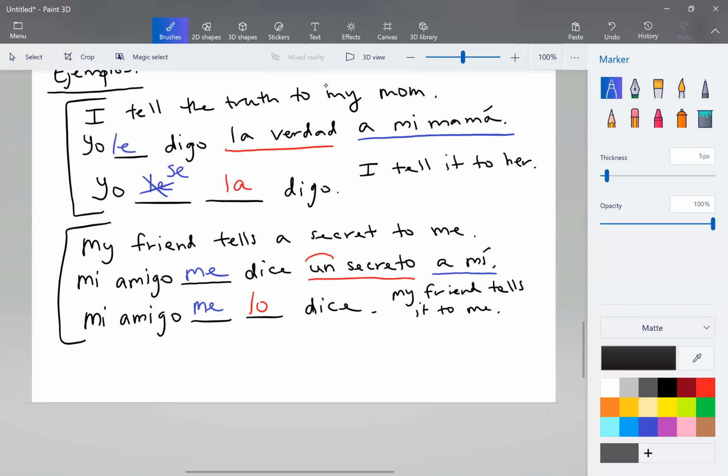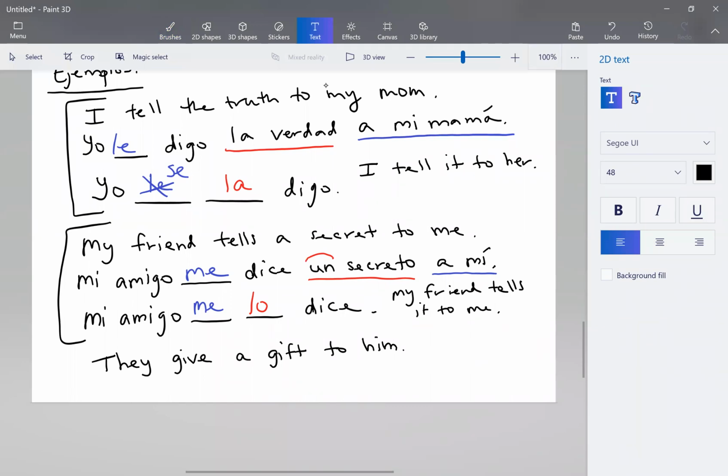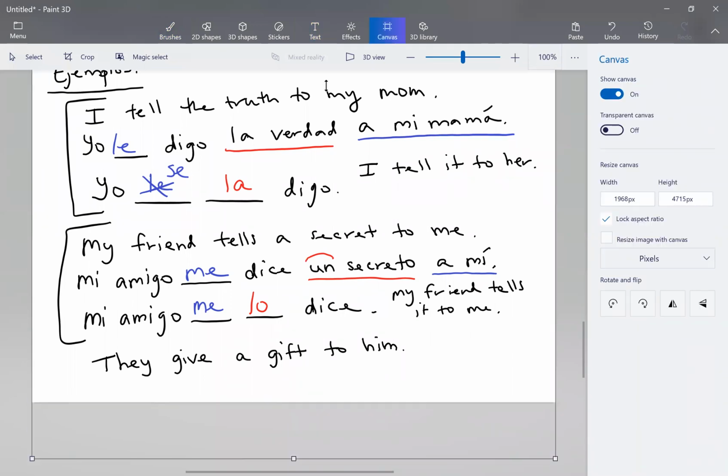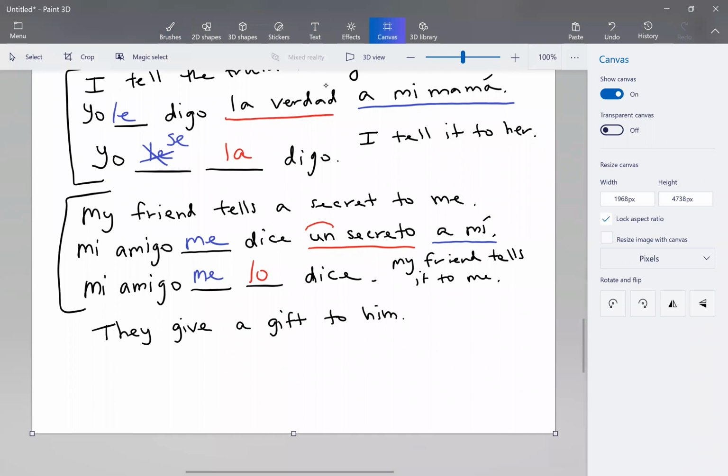Okay, let's try another one. They give a gift to him. In that sentence, what is the indirect object?